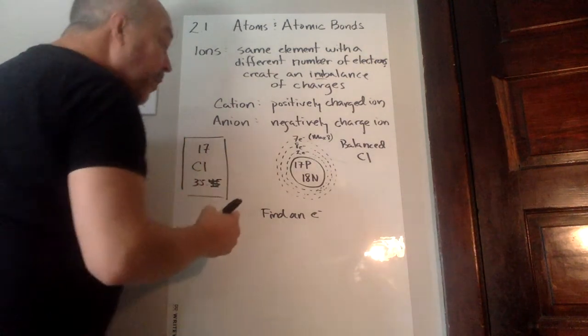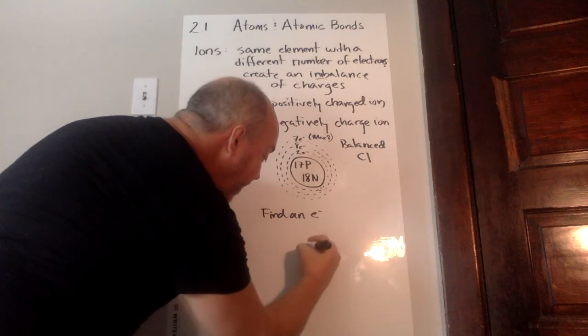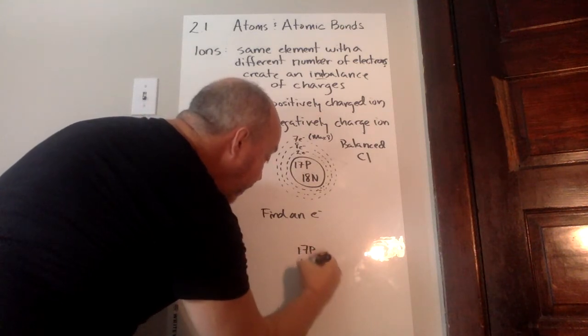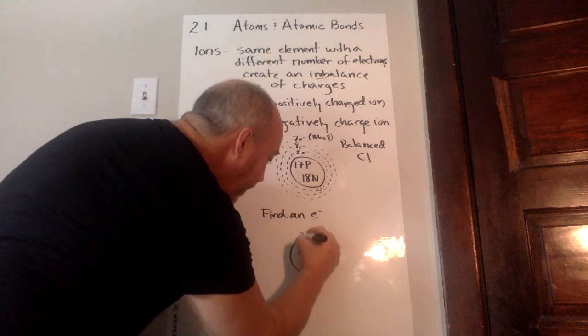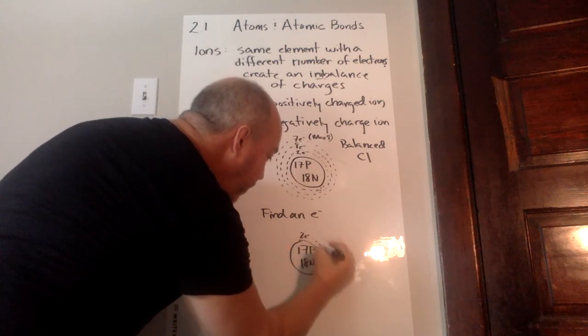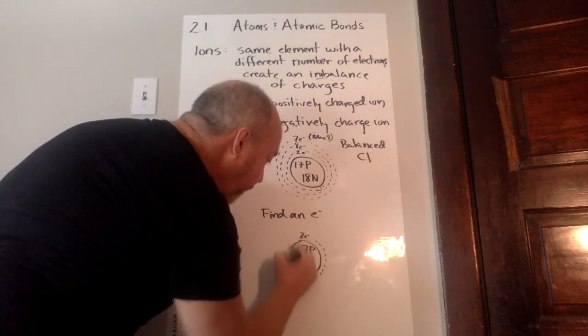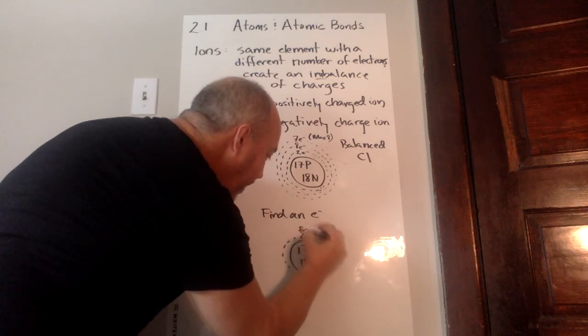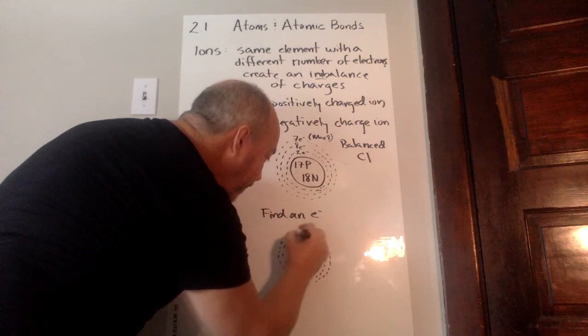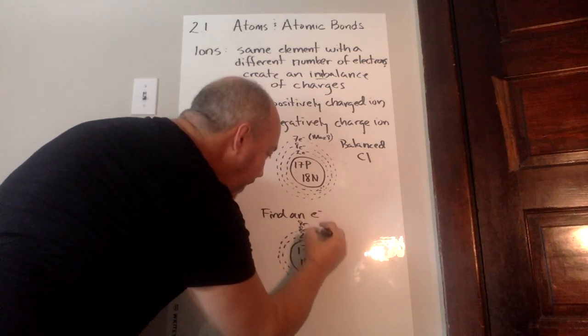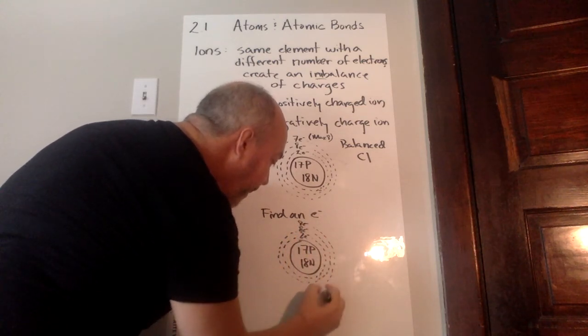So my chlorine ion will still have 17 protons, still have 18 neutrons, still wrapped up here. It'll have 2 in the first shell, 8 in the second shell, and if we add 1 to 7, we also get 8 in our valence shell.